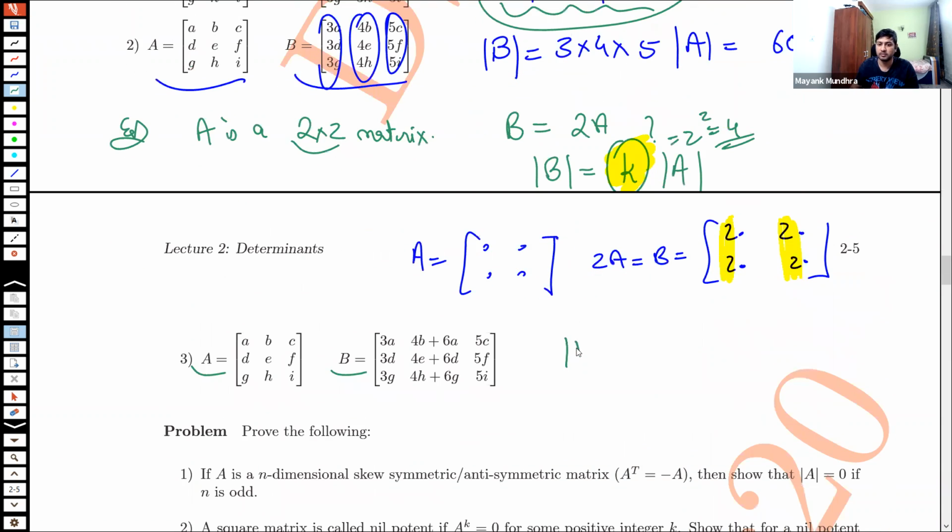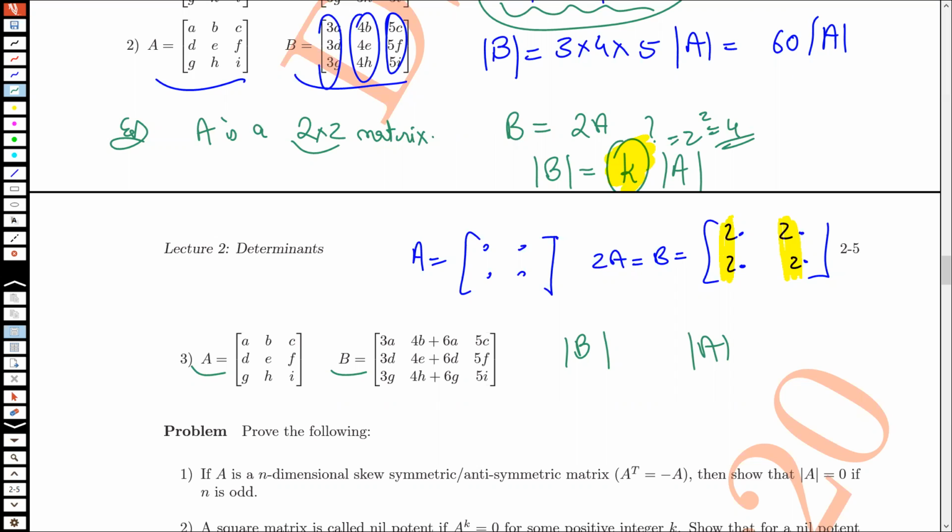The relationship between determinant B and determinant A. So 150.